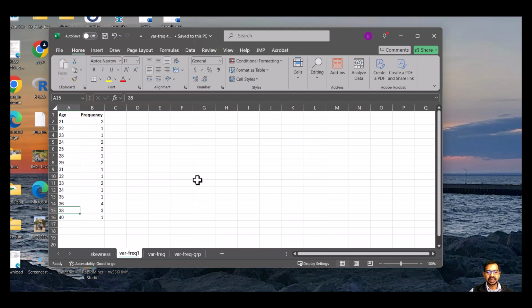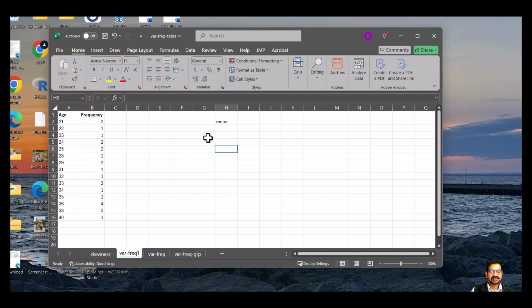So to calculate the mean, essentially, it is like the weighted mean concept, where the weights now are the frequencies. So we will be multiplying each age with the number of observations of that age, and then we'll add up those products, and then we will divide it by the total count or the sample size n.